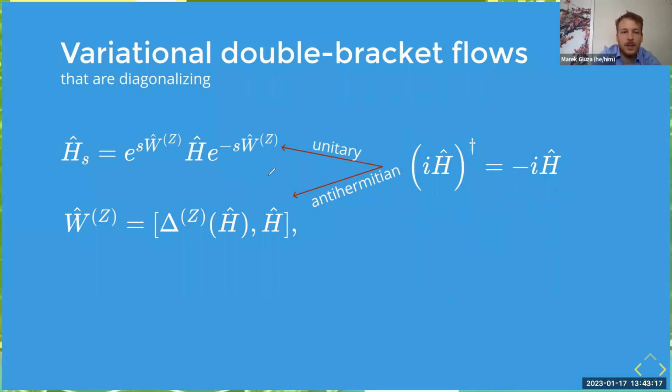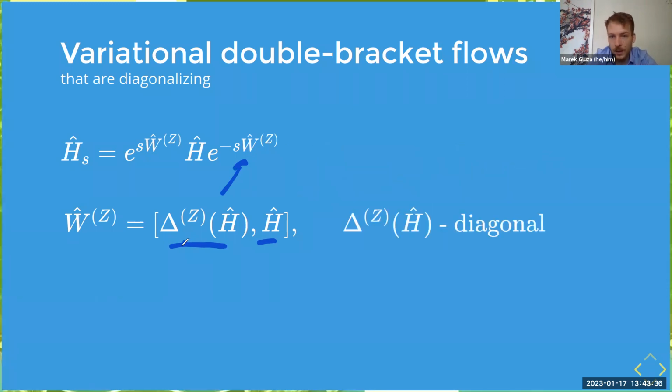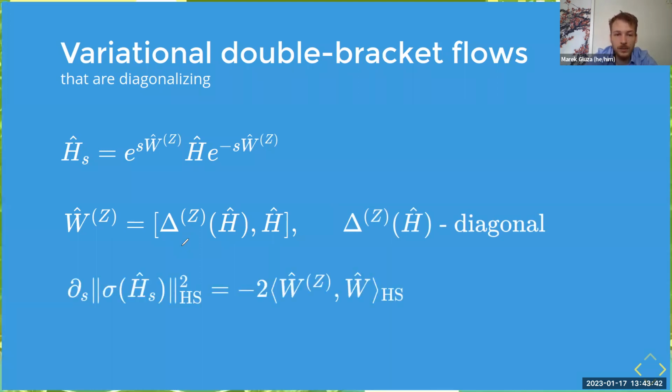So now I said, okay, let me just choose this to be a diagonal matrix, and then let me just take the commutator with h, and so the evolution will be again a double bracket, but it will be variational because I can choose this variationally depending on which one fits best for the particular Hamiltonian. So it's a different type of a quantum algorithm, again targeting diagonalization, but in a different way.